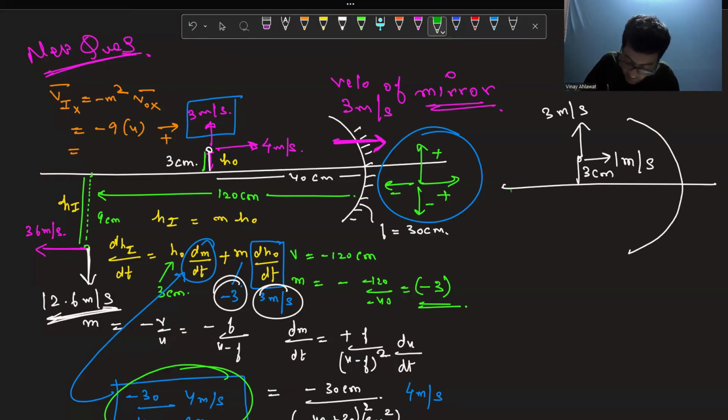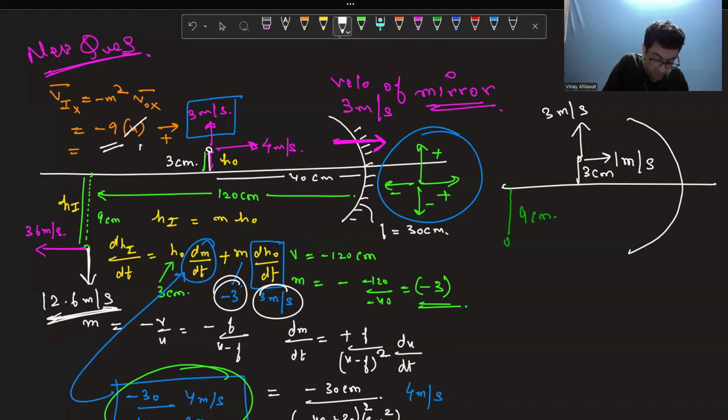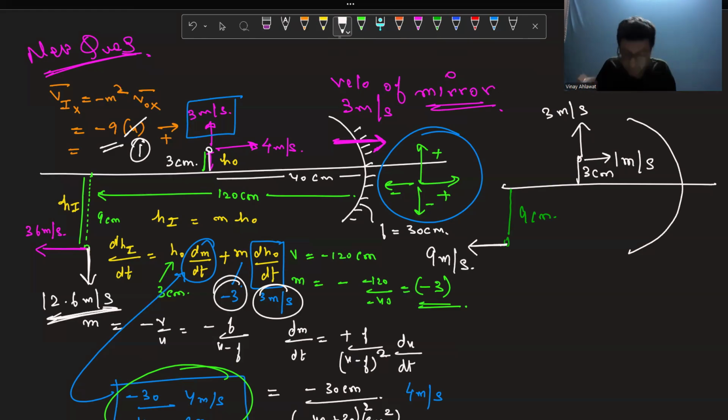Image was at this point, that's going to be 9 centimeter, if I'm not wrong. It's going to be different now, because it's not going to be 4, it's going to be 1. So that's going to be in this direction 9 meter per second. Agreed? Next part would be, let me see. I will manipulate and also check that I'm not doing anything wrong. What next? This was 3.